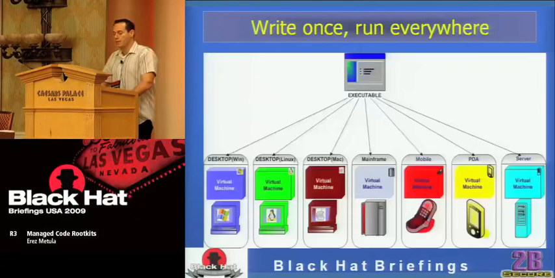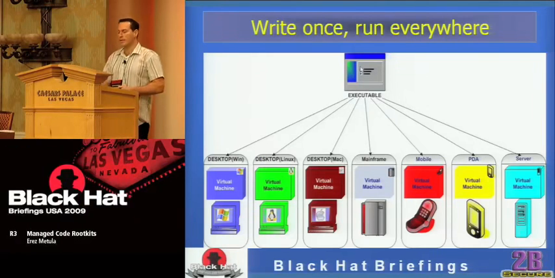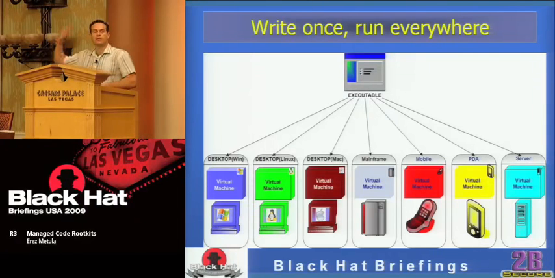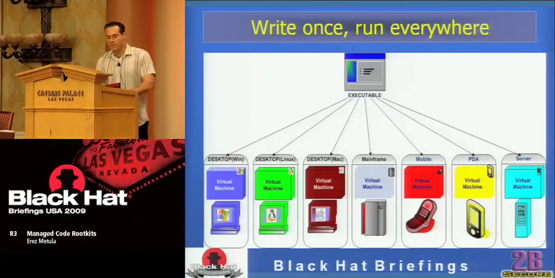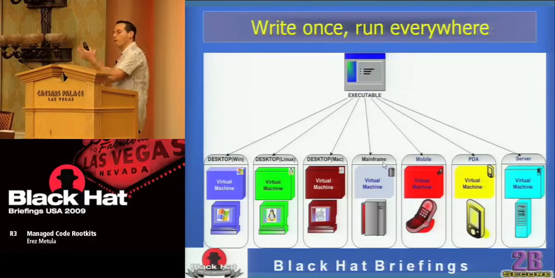So the executable that we see here, the higher level intermediate code, will be transformed using the machine-specific virtual machine, so that I have a specific virtual machine for Windows and for Linux and for mainframe, for all of the systems that I want to execute my code on.